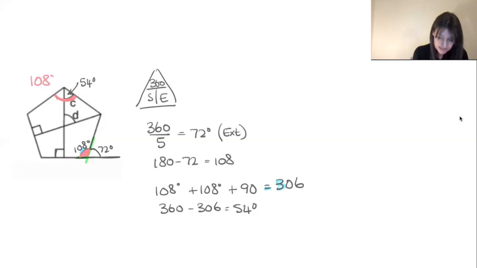I know it's 108. I know this is splitting it completely in half. I know that because of the right angle that they've given me. That is a perpendicular bisector. That means it's done it completely in half, which means I only have to do 108 divided by 2, and I can get my 54. That was it. That's all I actually needed to do to get C.